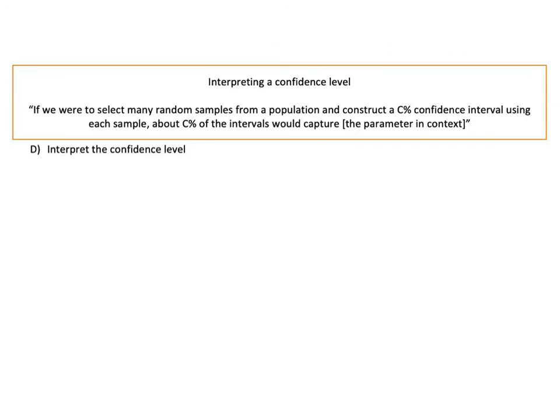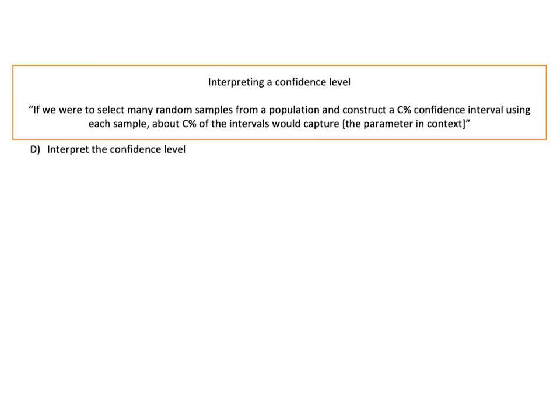What do you mean by that? So here's a general statement, and it means if we were to select many random samples from a population and we constructed a confidence interval using each sample, about C% of the intervals would capture the, and then you state your true parameter in context.